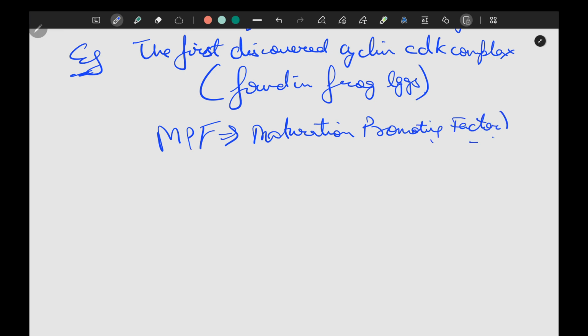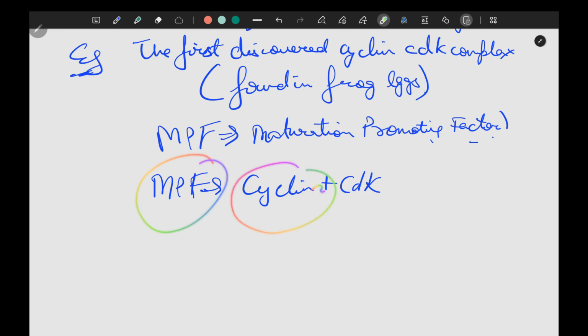MPF activity peaks when the cyclin level is up. When the cyclins are produced more and more and the concentration of cyclin is highest, this activity peaks.